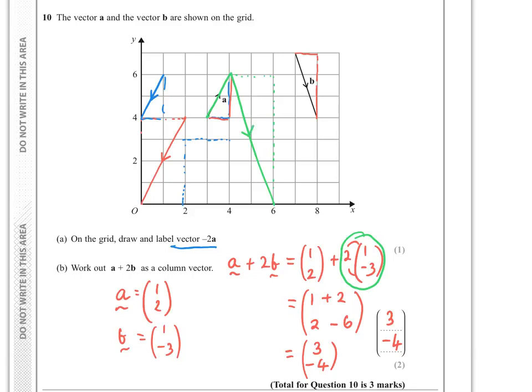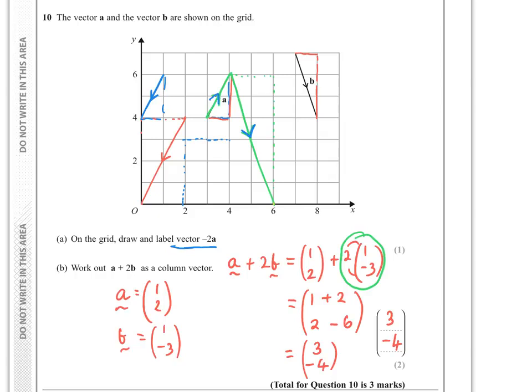And then we would have our resultant vector. So we'd have A plus 2B, and that would be equal to this one here. And we've already got our answer.